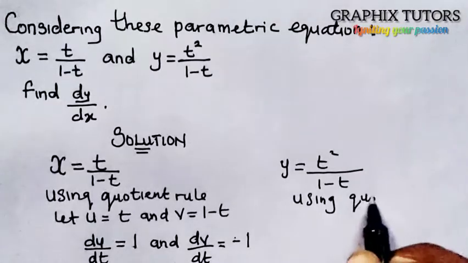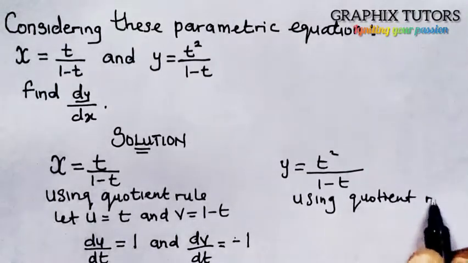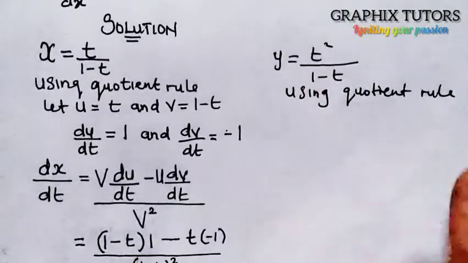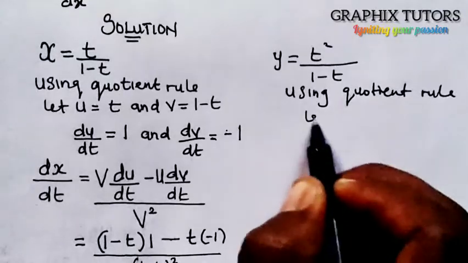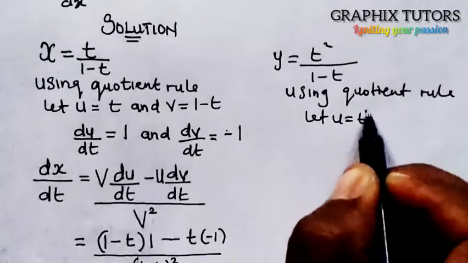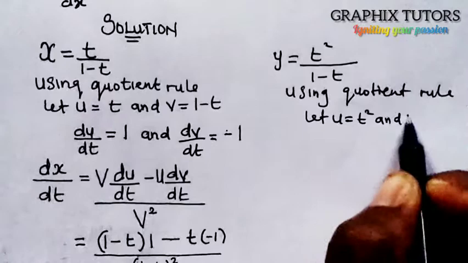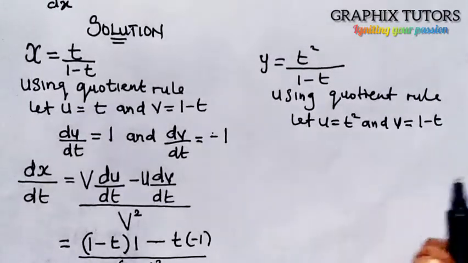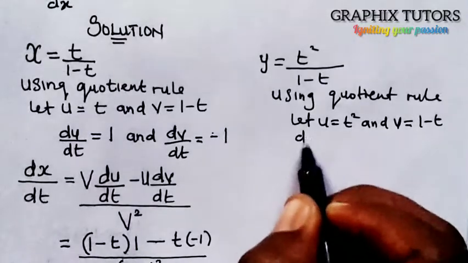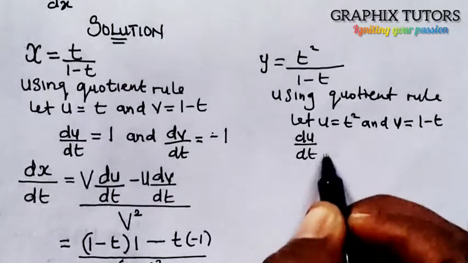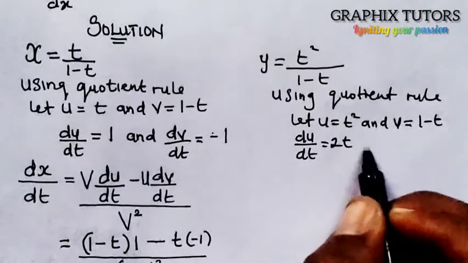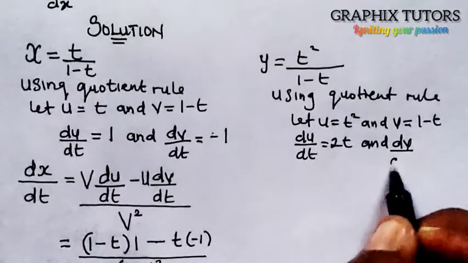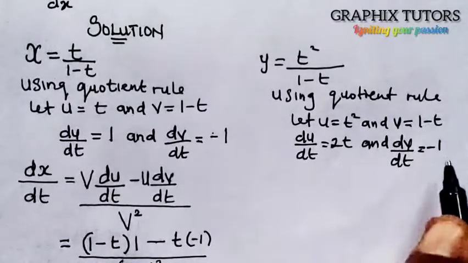We'll be having this. You say let u be equals to t squared, and v be equals to 1 minus t. Is that taken? So from here, if you differentiate u with respect to t, this will be 2t. And if you differentiate v with respect to t, you have minus 1.